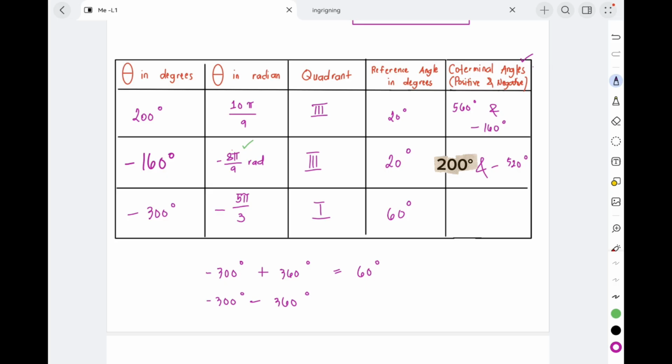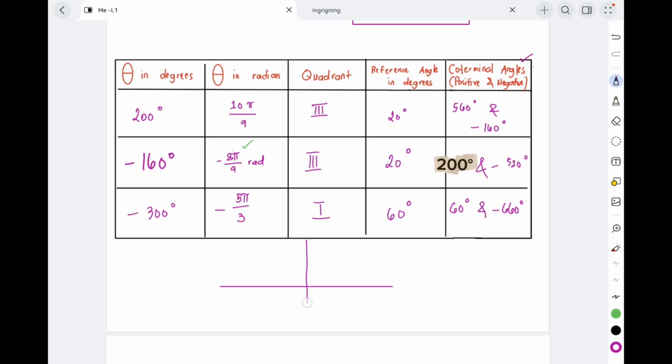So that is equal to negative 660 degrees. So these are the coterminal angles of the given angle, negative 300 degrees: 60 degrees, and negative 660 degrees. So let's try to illustrate, class, if it really arrives at the same terminal angle.